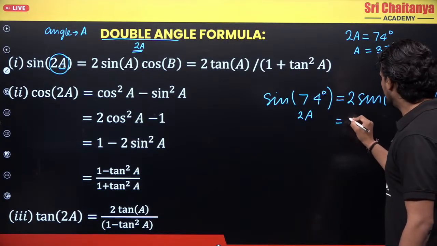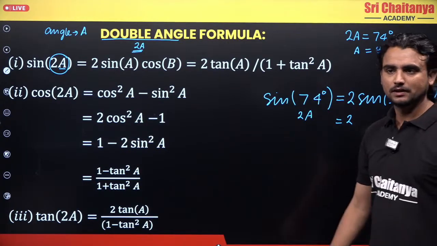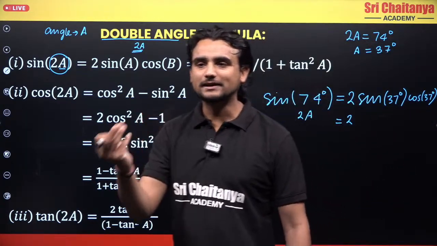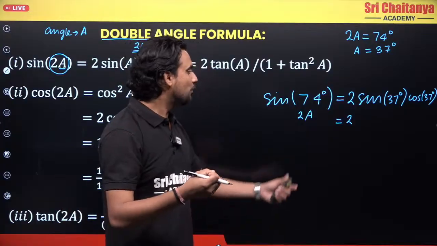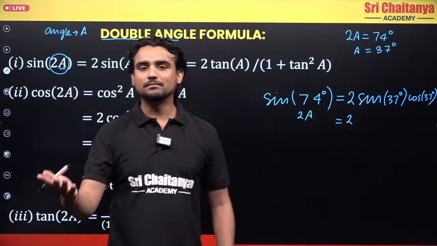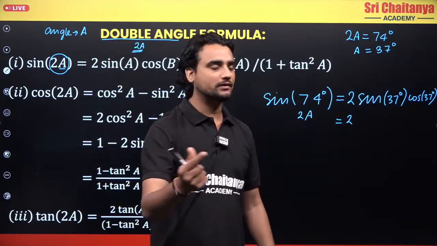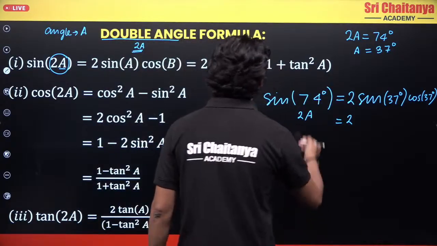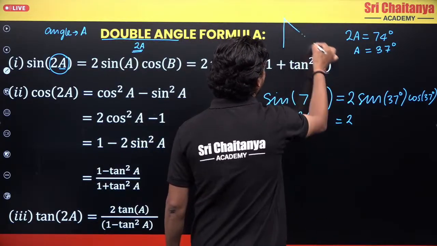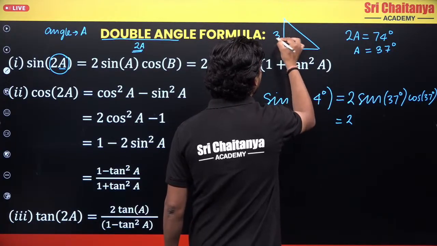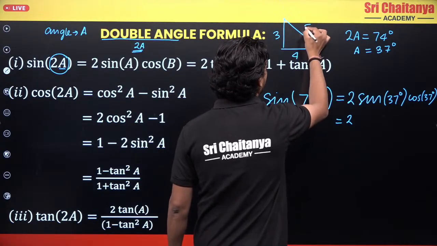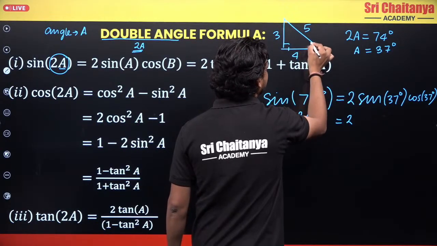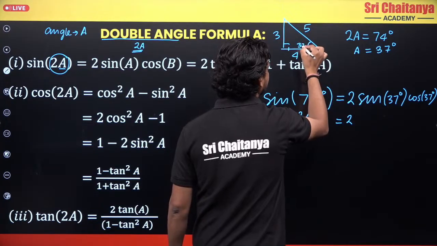So this will become 2 times sine 37 times cos 37. Now what is sine 37? To know it, we have to go back to the table, because I told you that the table is very important. Even if you don't remember the table, I have taught you a trick: the triangle of 3 4 5, where the angle is 90 degrees and this is my 37 degrees.